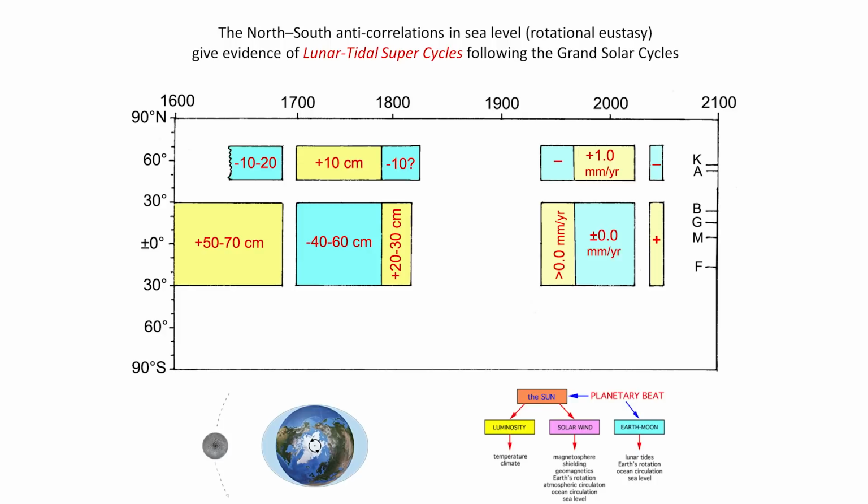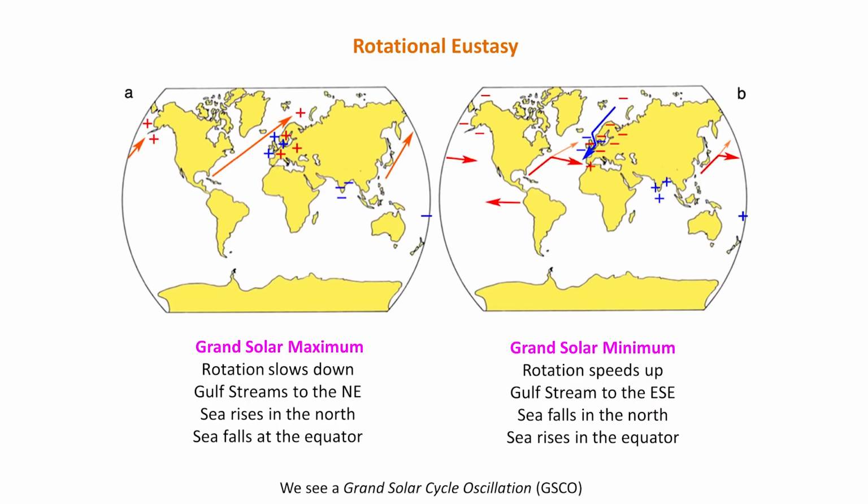And the same here, Earth rotation, ocean circulation, and sea level. So this was what I read long ago, solar grand maxima. The rotation slows down, the Gulf Stream flushes to the north. It gets warm here and high sea level. At the same time, sea level falls here. It is in the 18th century.